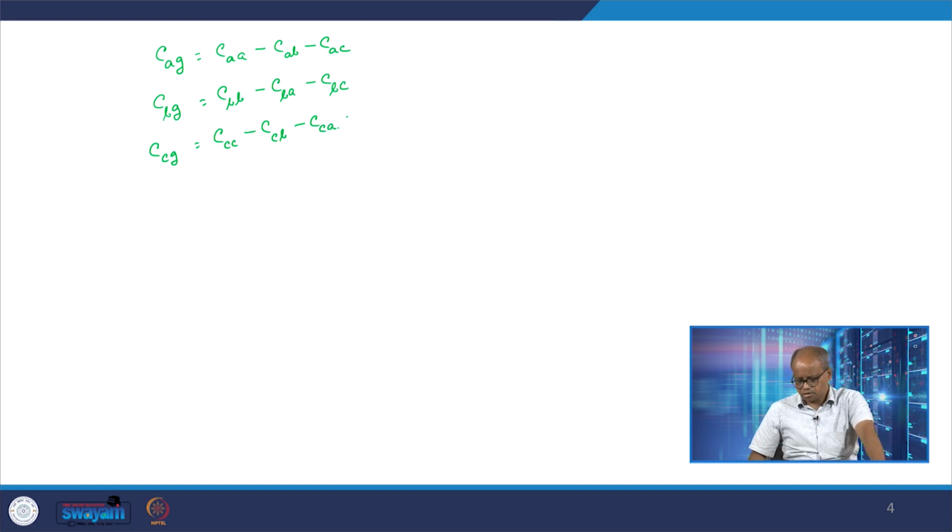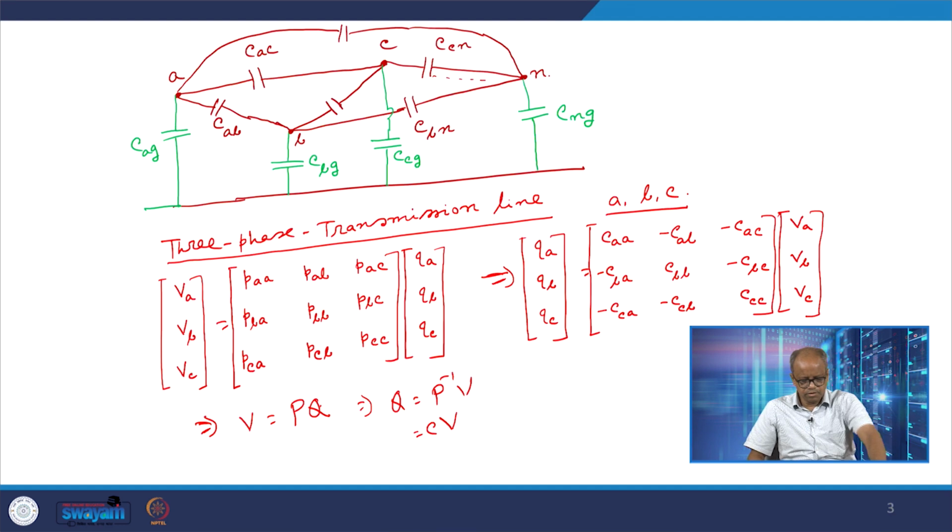Here also we must note that because this matrix P is a symmetric matrix, obviously this matrix C will also be a symmetric matrix.